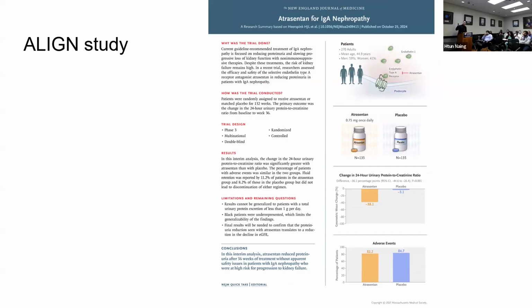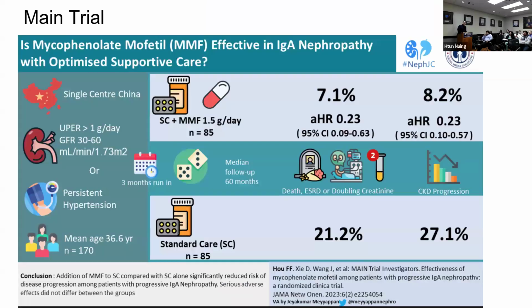This also has a good benefit on proteinuria reduction, about 36% compared to placebo. This also got the approval from the FDA recently. We don't have the 2-year GFR slope yet. So this main trial was only done in China. It's only done in China.